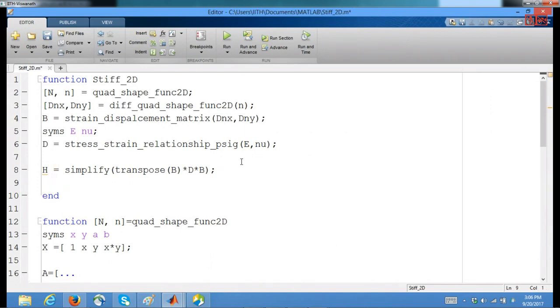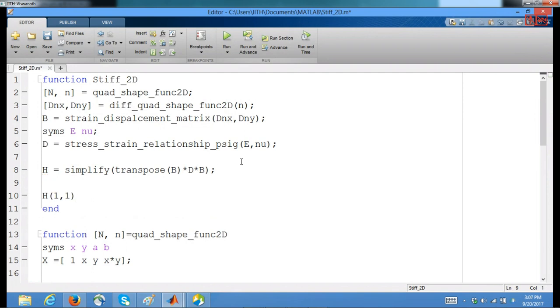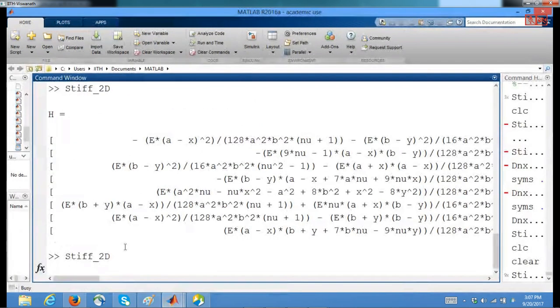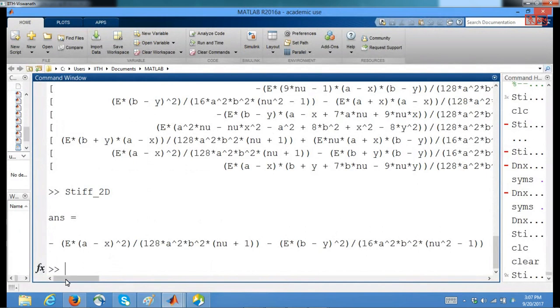So now for our K matrix, we need to do integration. So let us just look at H1 comma 1. The rest of the things we are not really keen on looking at. So let us at least have a look at the first one again. It's such a big thing.